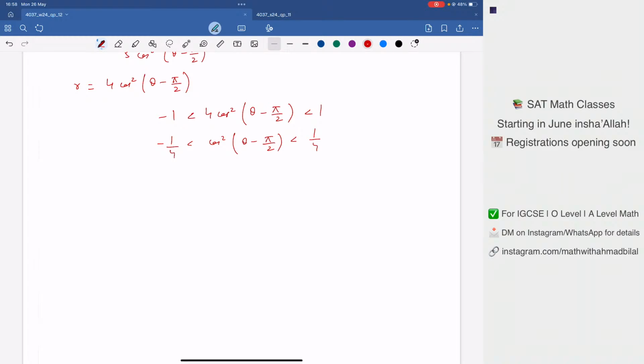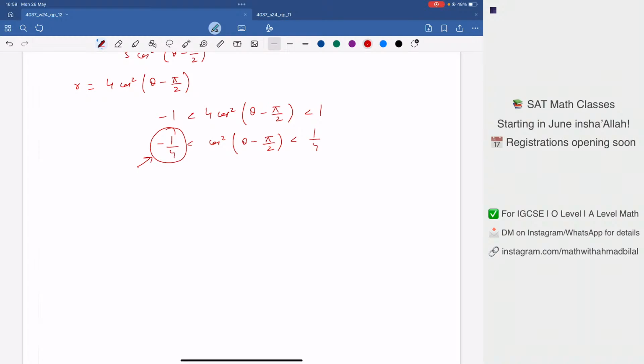Okay, so cos square is between minus 1 over 4 and plus 1 over 4. Now, this is a square. A square can never be negative, right? So if cos square is between minus 1 over 4 and plus 1 over 4, this condition is kind of redundant. It doesn't make any difference.